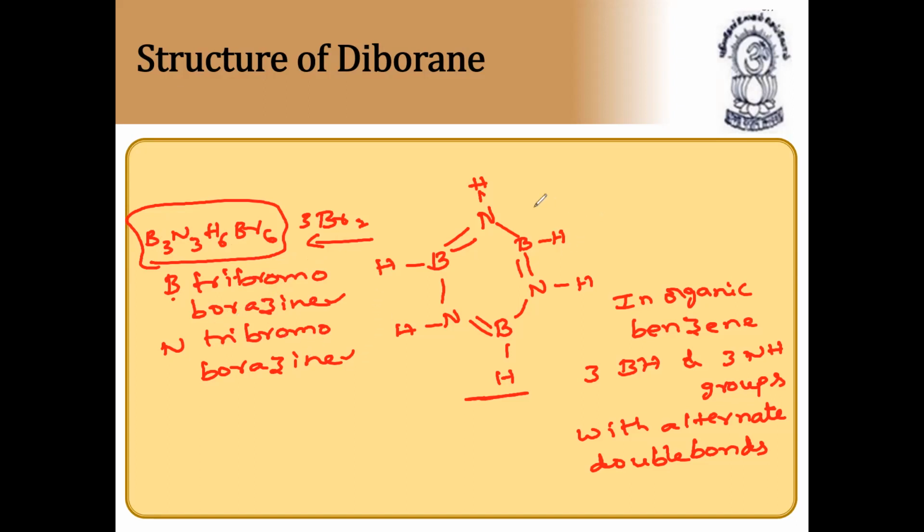And this inorganic benzene also combines with water, 3 moles of water. On hydrolysis, it forms an OH-adduct, B3N3H6 with OH attached, plus hydrogen gas, 3 moles of hydrogen gas.